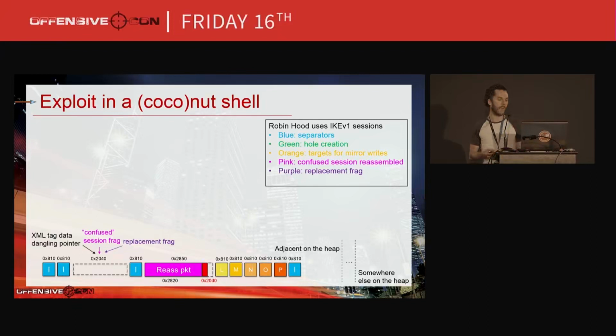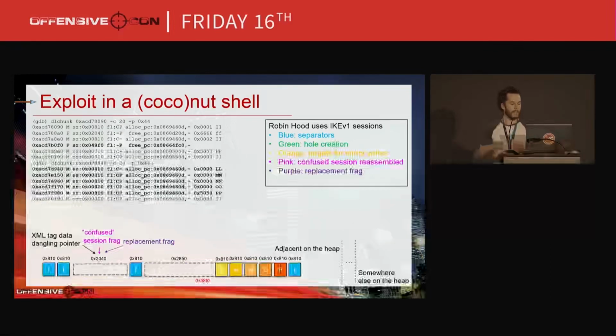So now we have a free chunk which was increased in size, and because the reassembled packet is going to be freed because it's not valid data, they are going to be coalesced together, like the one in pink and the adjacent free chunk. So we end up having 2,800 plus 2,000, which is 4,800 bytes, which encompass the following chunk.